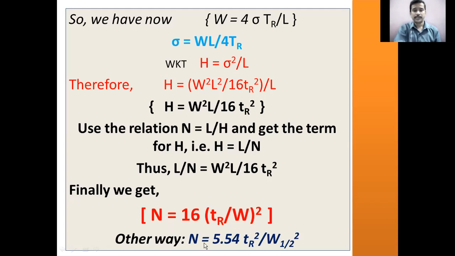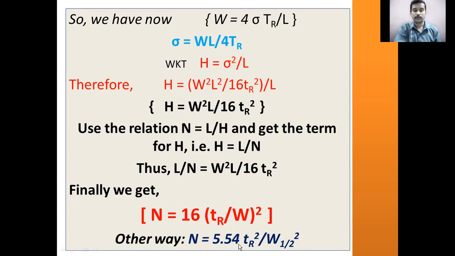Instead, this equation can also be used: N is equal to 5.54 into TR squared divided by W half squared, where W half is the width of the chromatographic peak at 50% of its height, as I showed in the chromatogram.